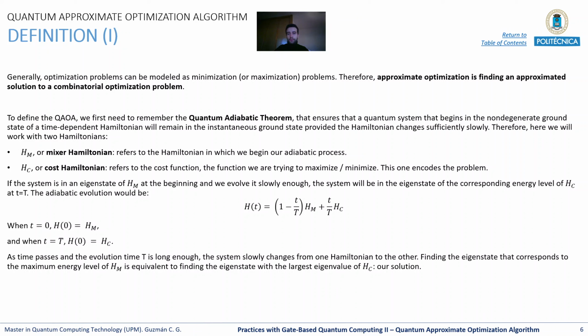As I'm sure that you've seen before, optimization problems are all about minimizing or maximizing. Every optimization problem can be a minimization or maximization problem. Why am I saying both of them?